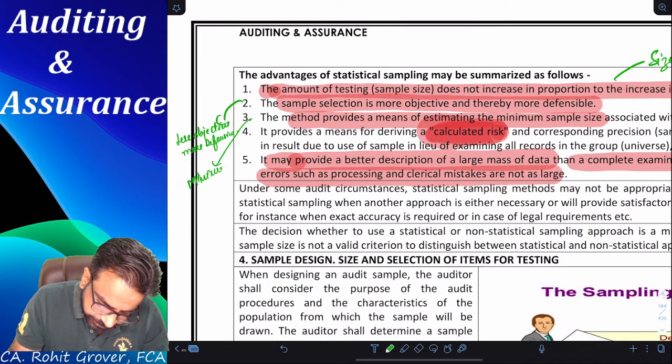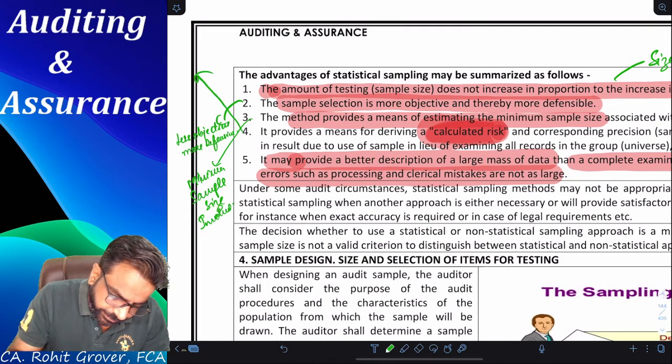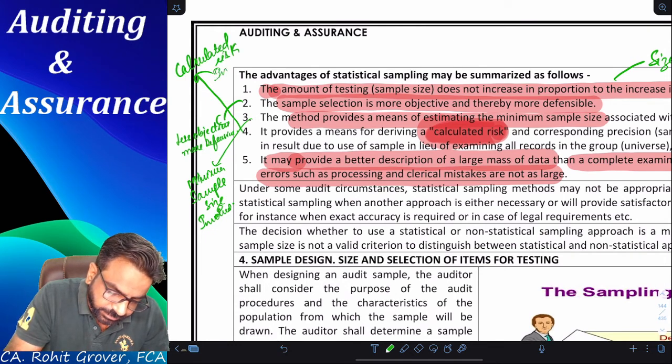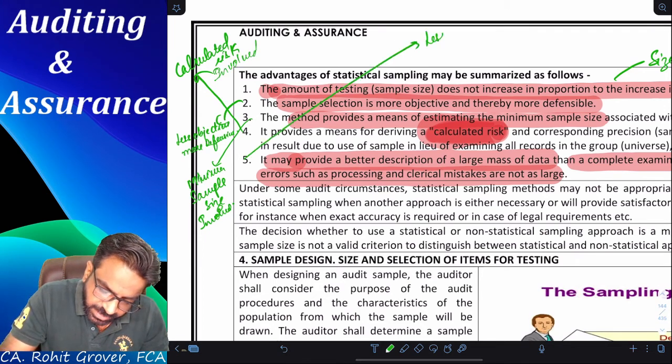Minimum sample size involved. Point number four. Calculated risk involved. Point number five. Less human error, or you can say clerical mistakes.